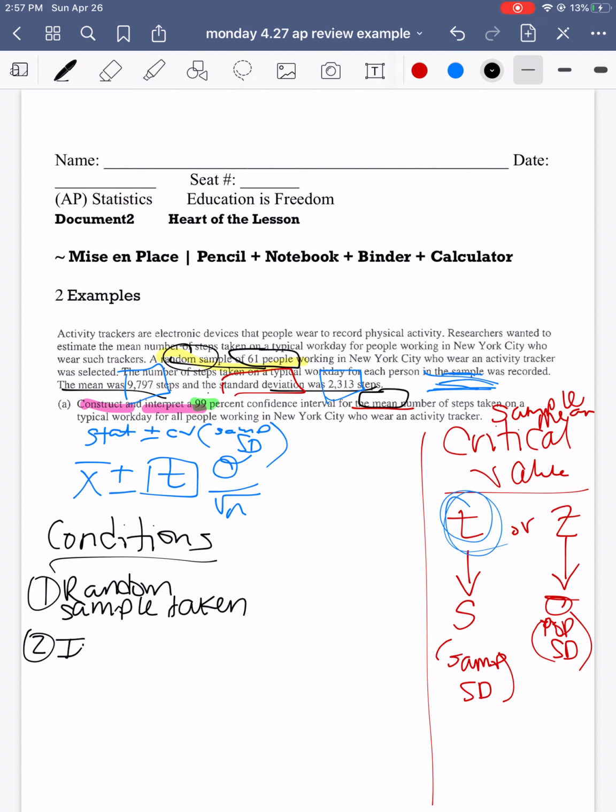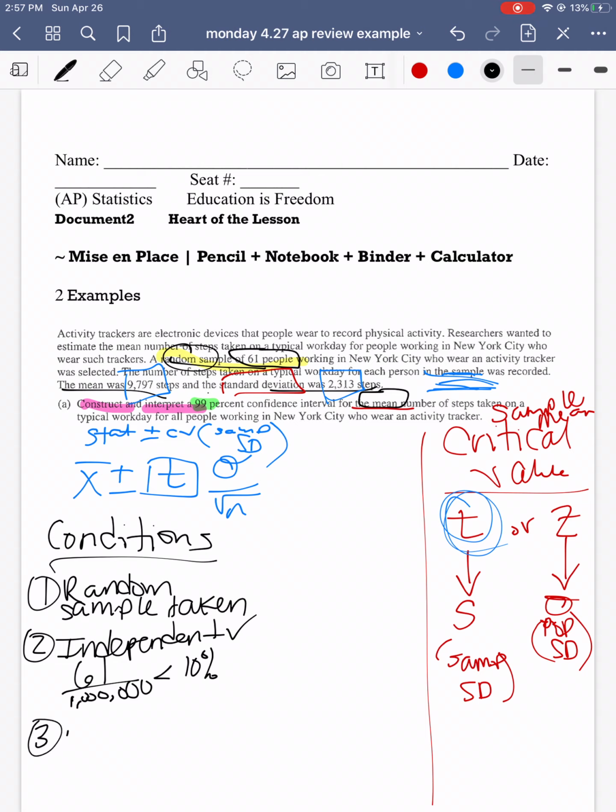Two, do we have independence? Well, here we have 61 people working in New York City. New York City certainly has a lot of people working. Let's say that they have 1 million people. This is definitely going to be less than 10%, so we are good with independence here.